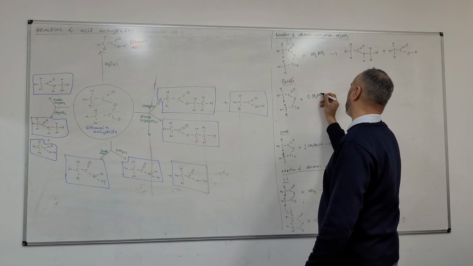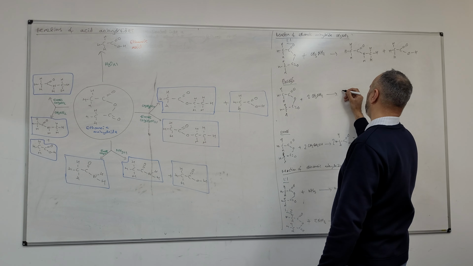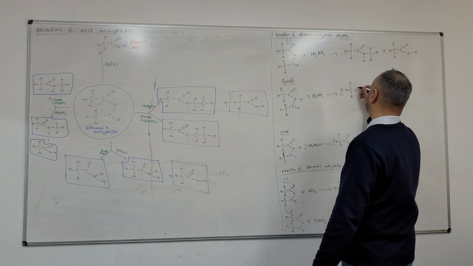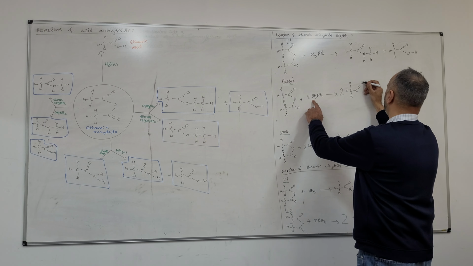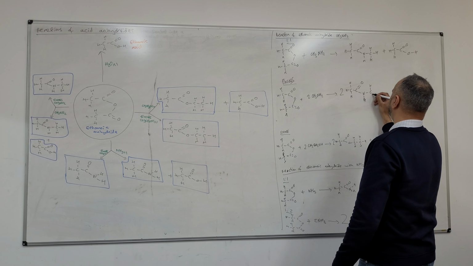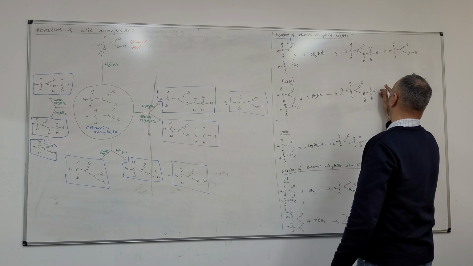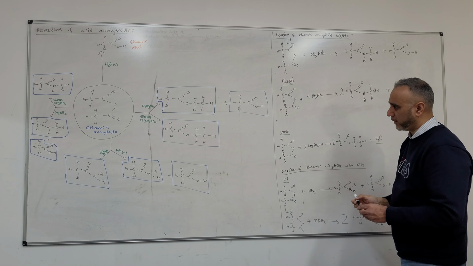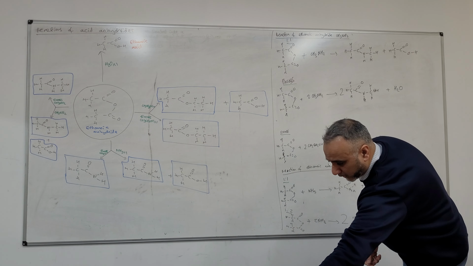So once again, get your highlighter, highlight that, so it's excess, and we get 2 molecules of the N-substituted amide when it reacts with the alkylamine. There we go. Plus you will get, oh, I'll rub it out, water. And that beautifully balances as well.